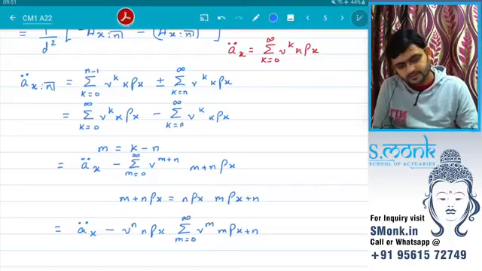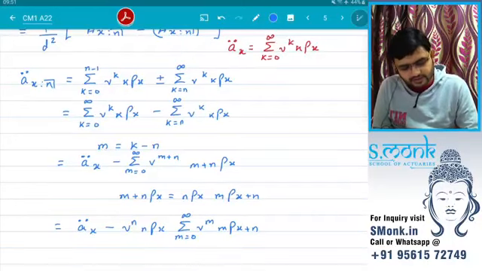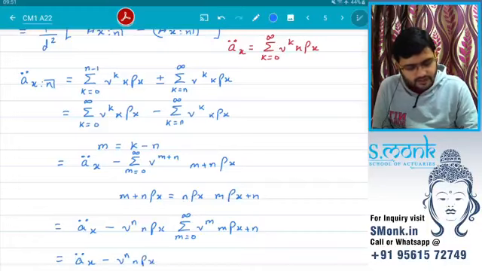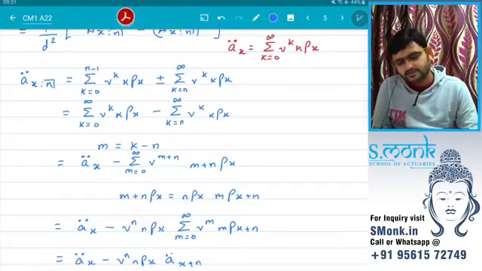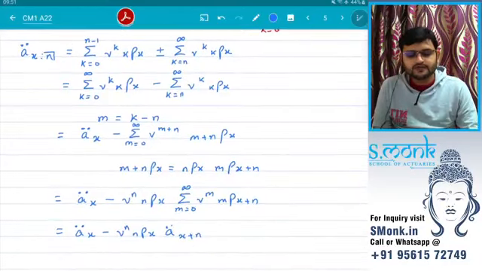So this becomes a due x minus v raised to n npx a due x plus n, which is exactly the formula that we get for term assurance.